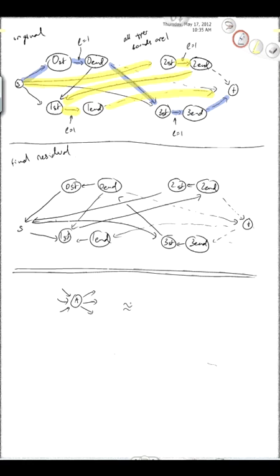We can do that by taking this graph with just the node in it and splitting the node into 2 nodes, let's say A prime and A double prime. By doing this kind of split, we're making sure that any path that goes through node A has to now go through this arc.